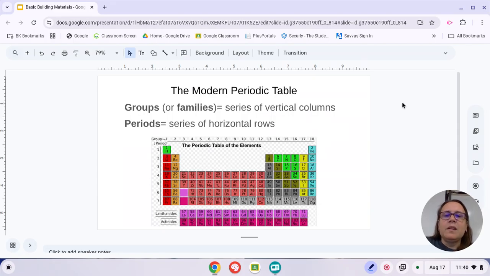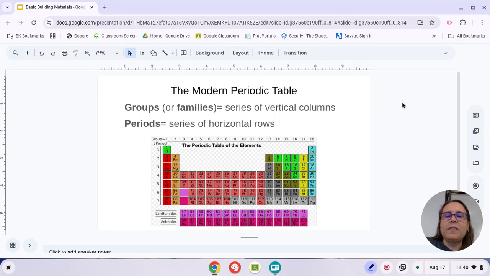Okay. So in our modern periodic table, we have rows and columns, and we do give those names. If we're looking at the vertical columns, the vertical ones are groups or families. The horizontal rows are periods.